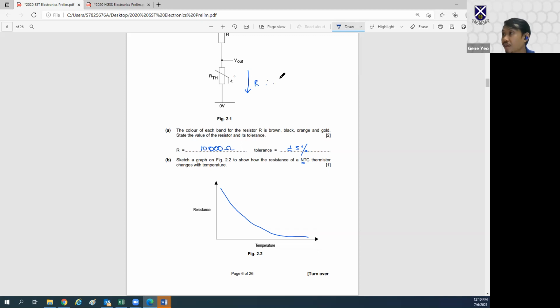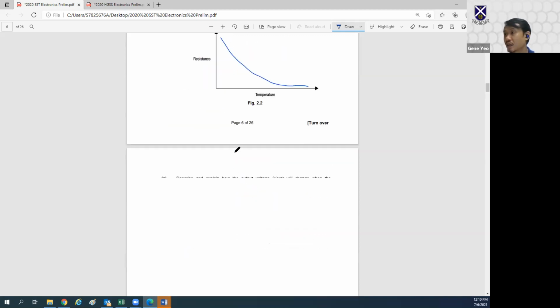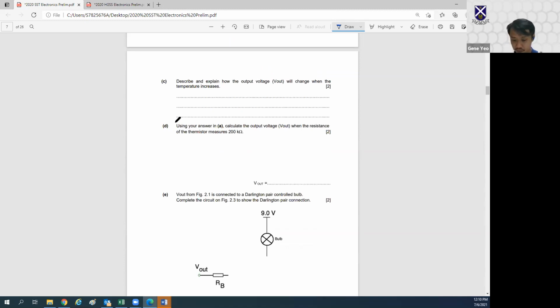So therefore Vout decreases. So when temperature increases, the Vout decreases.